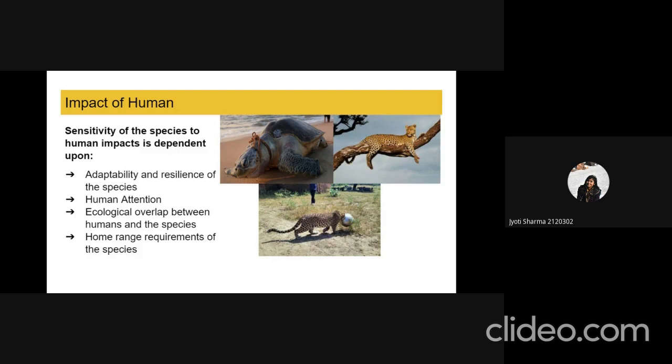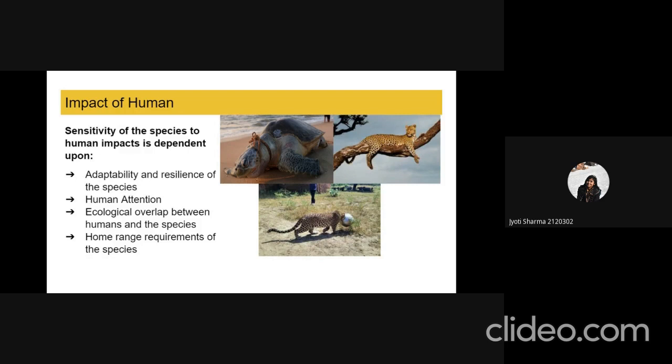So I gave you one example. If we have a tiger and also a leopard, we know that the tiger needs a large home range, right? And the leopard also needs a large home range, but the leopard can climb trees as well, and the tiger can't. Whenever there is encroachment or humans interfering with the habitat, the leopard can go up the tree and survive, but the tiger or the cheetah can't.